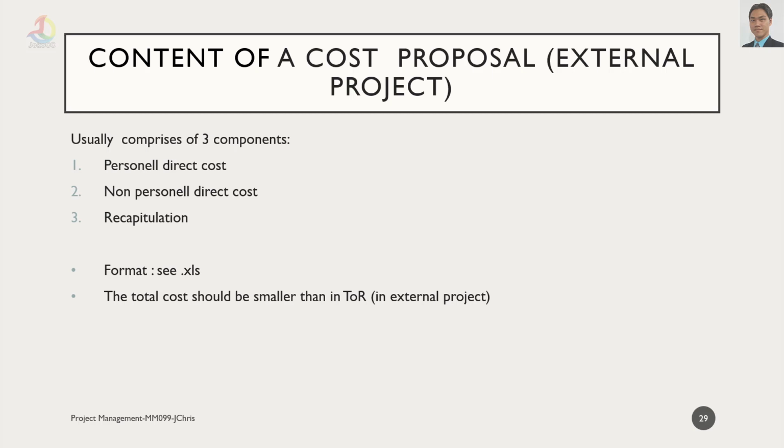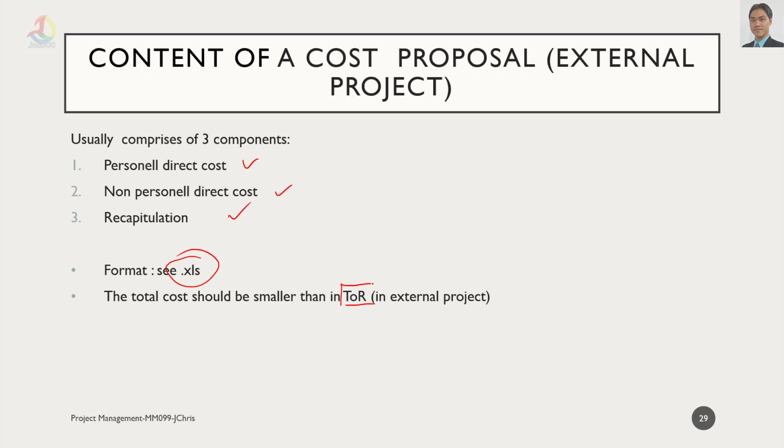And then content of the cost proposals for external project. Usually it's comprised of three components: personnel direct costs, non-personnel direct costs, and recapitulation. I have included the file. You can see in the XLS, and the total cost should be smaller than in terms of reference.